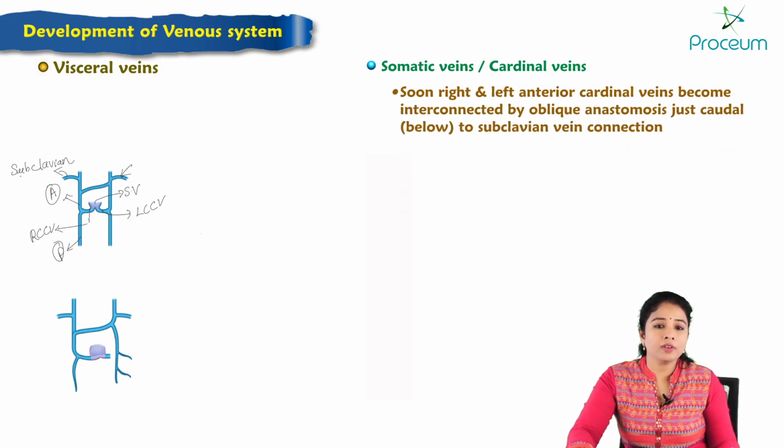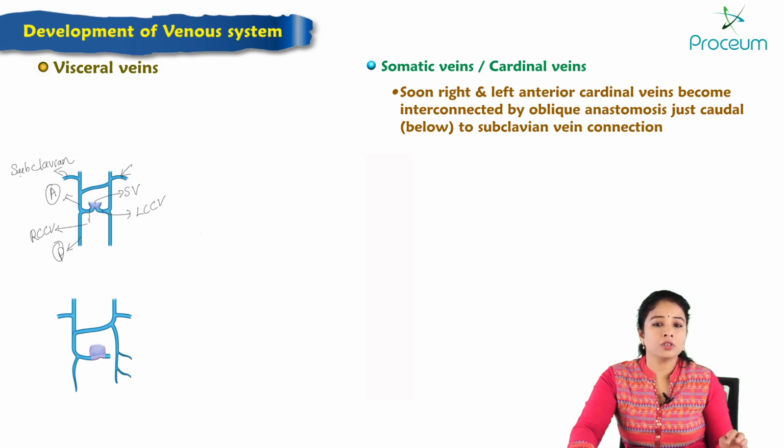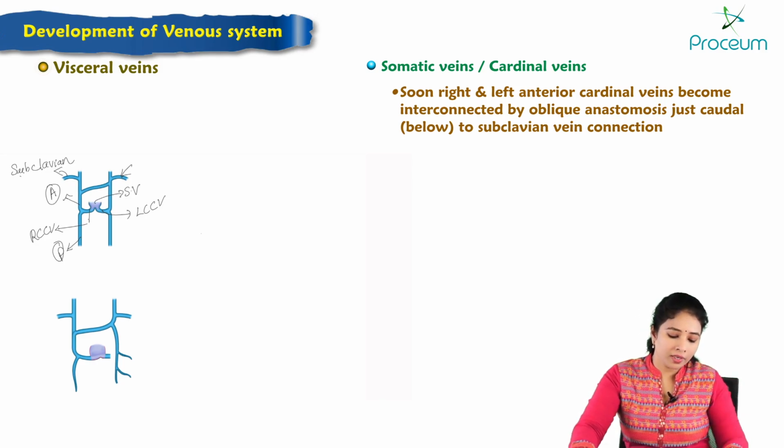Soon the right and left anterior cardinal veins become interconnected by an oblique anastomosis just caudal to the subclavian vein connection.